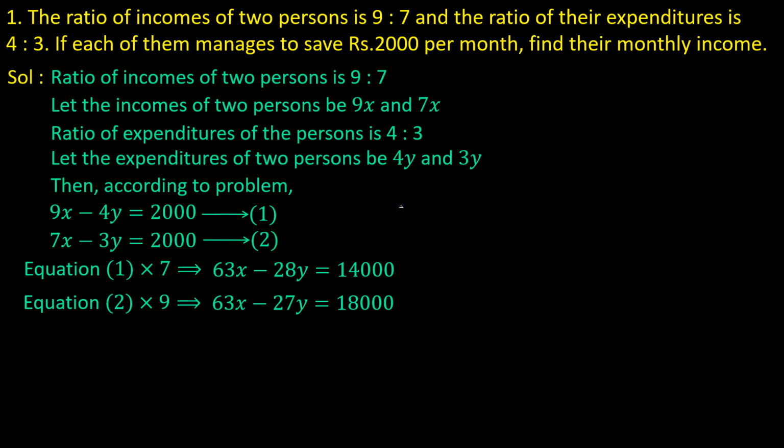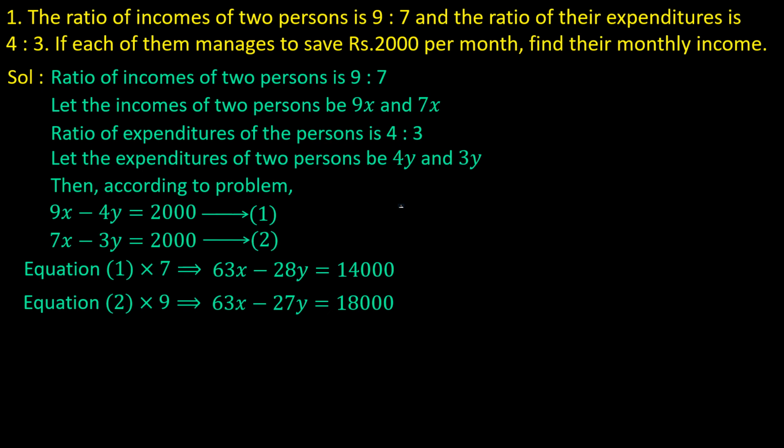And in the first equation the coefficient of y is minus 4, and in the second equation the coefficient of y is minus 3. That is, neither the coefficients of x nor the coefficients of y are equal. That's why we are making the coefficients equal by multiplying them with suitable real numbers.